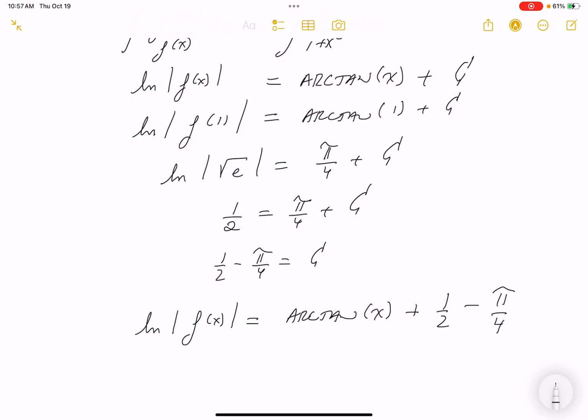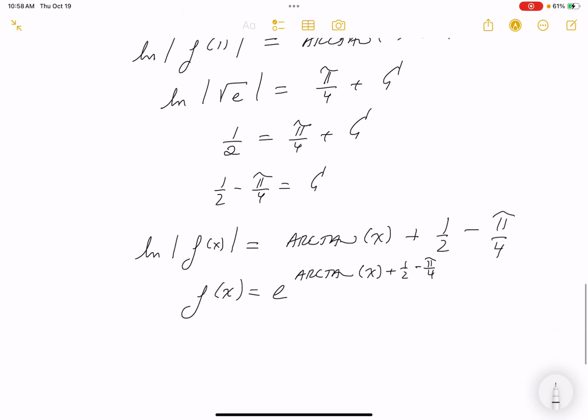Again, I'm still wondering what I have to do over here, and I got to find out what f of x is now, and that looks relatively simple now. f of x will be equal to e to the arctan of x plus 1/2 minus pi over 4. All right? And we're going towards infinity. And that's what I got to do now.